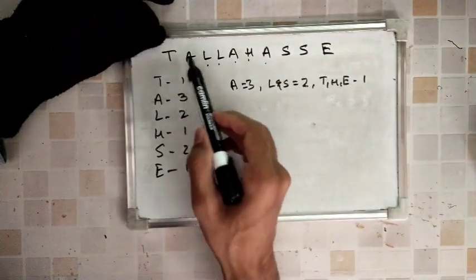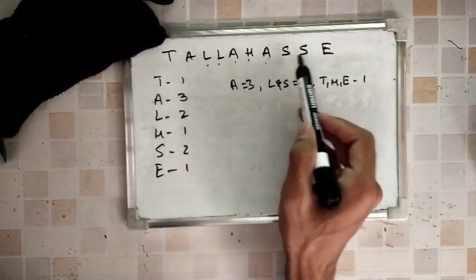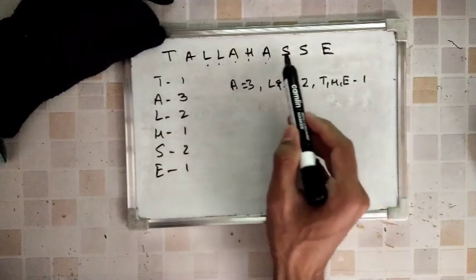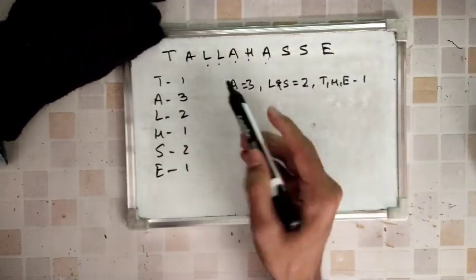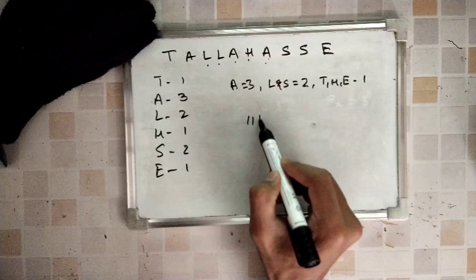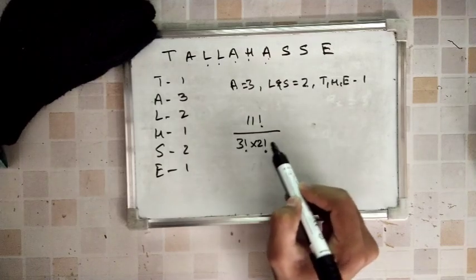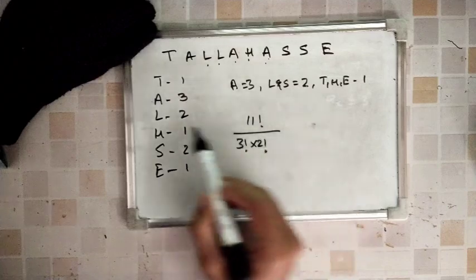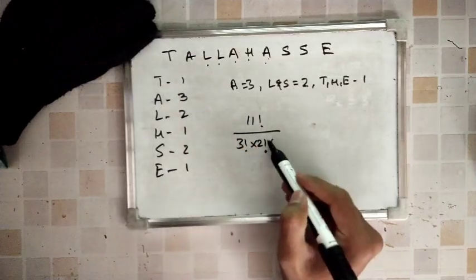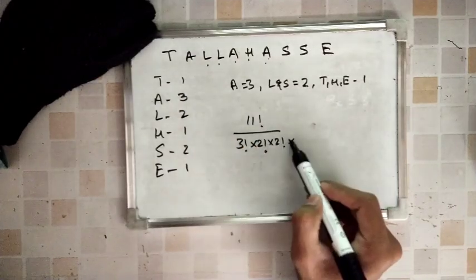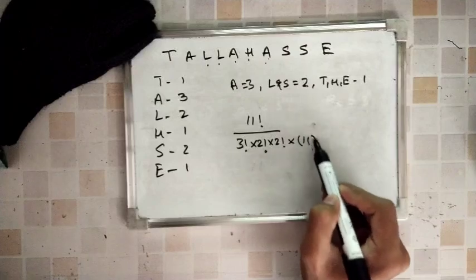How many letters are there in total? 1, 2, 3, 4, 5, 6, 7, 8, 9, 10. So in how many ways can I arrange this? It is 11 factorial divided by 3 factorial into 2 factorial into 2 factorial into 1 factorial cube.